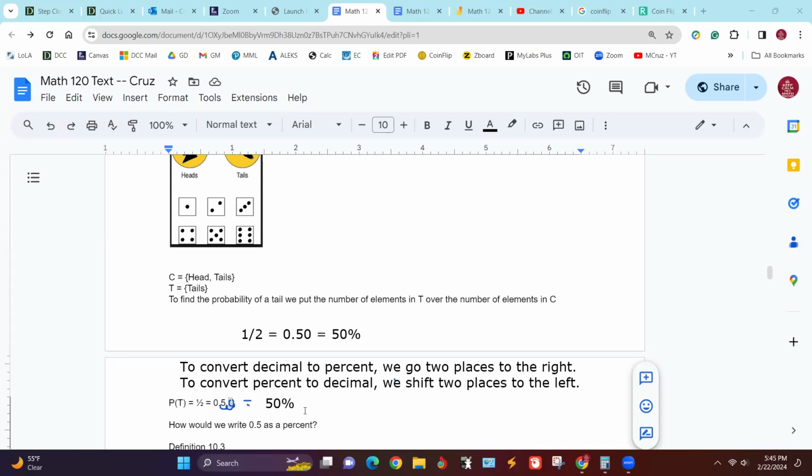So if we have 50 cents, 0.5, like this right here, that's 50% of a dollar, or 50 cents. So you're kind of doing the same thing when you're talking about money. It's just you don't think about it, but this is what you're doing. All right, any questions?